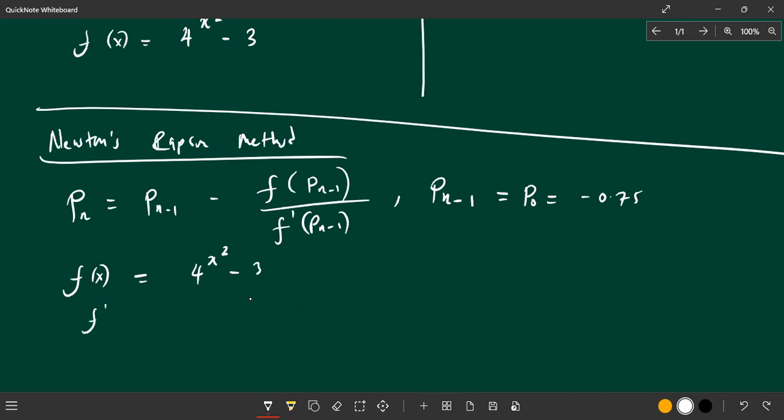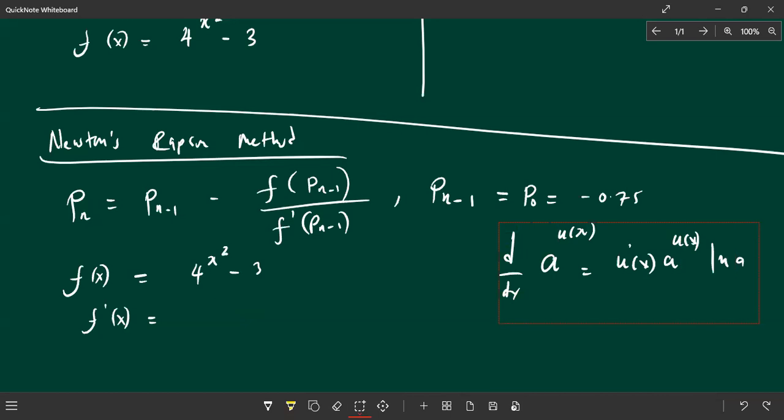So the first derivative f prime of x: if you have a constant a raised to a function u of x, the derivative with respect to x is u prime of x times the same function, a to the power u of x, times the natural log of the constant itself, which is a. That's the derivative of such kind of functions.